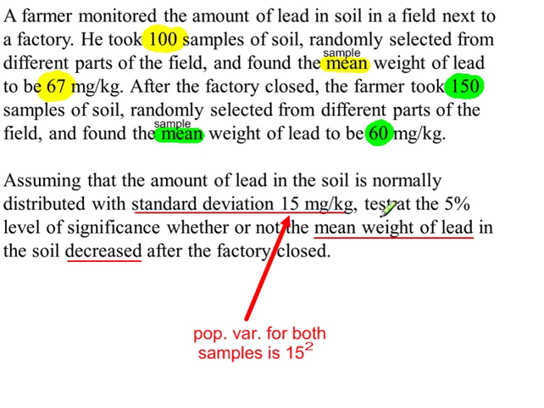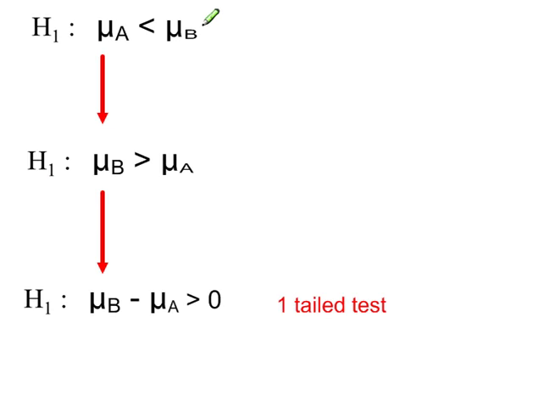And we're looking for a decrease, that the mean weight of lead in the soil decreased after the factory closed. So the mean after is less than the mean before. Or we could say that the mean before was greater than the mean after. So after is less than before, or before is greater than after.